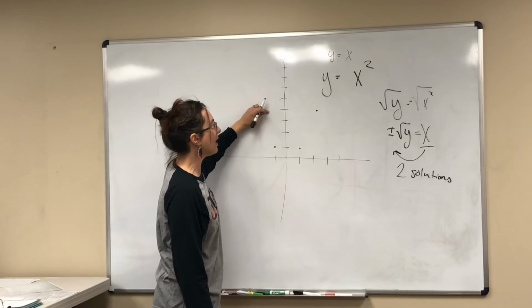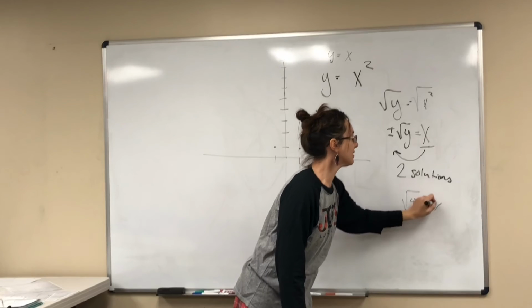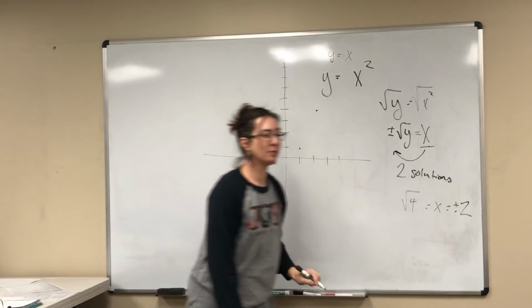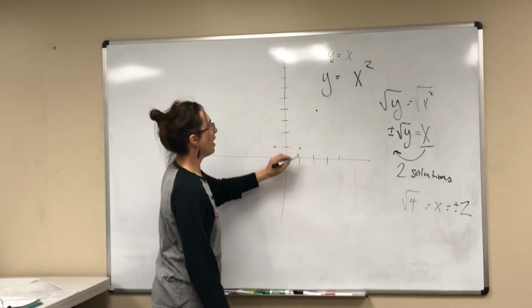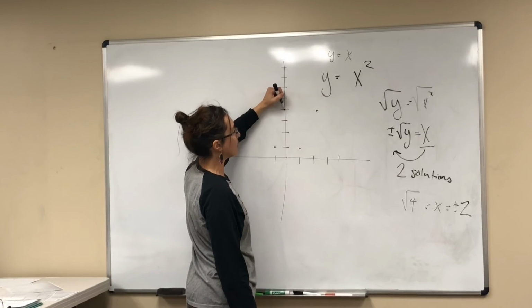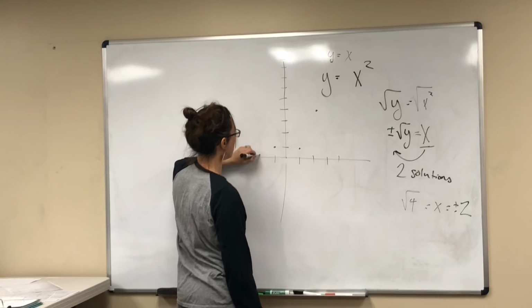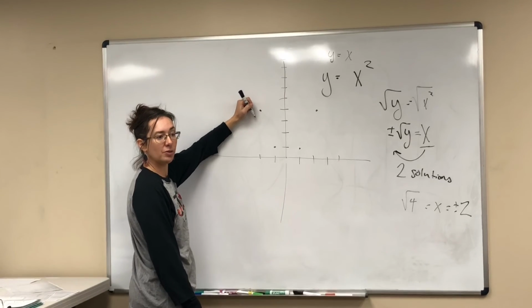So when y is 4, x is now plus or minus 2, right? I've got, when y is 4, the solution that x is 2. I also have the solution that x is negative 2.